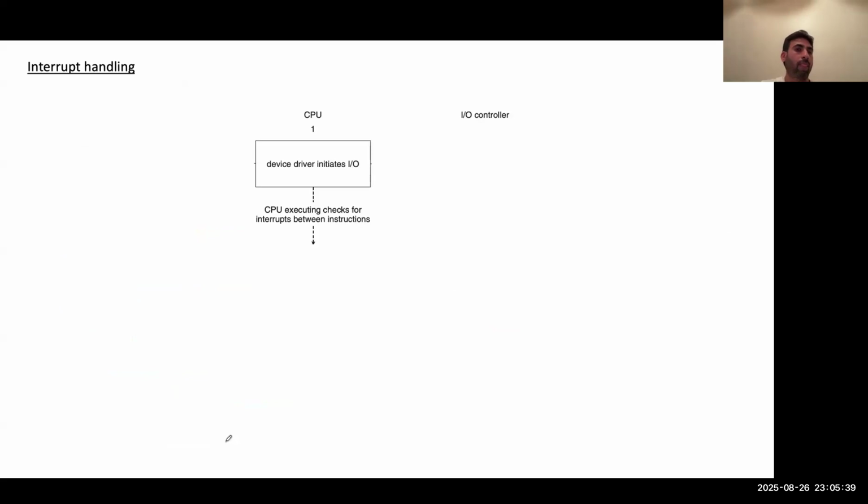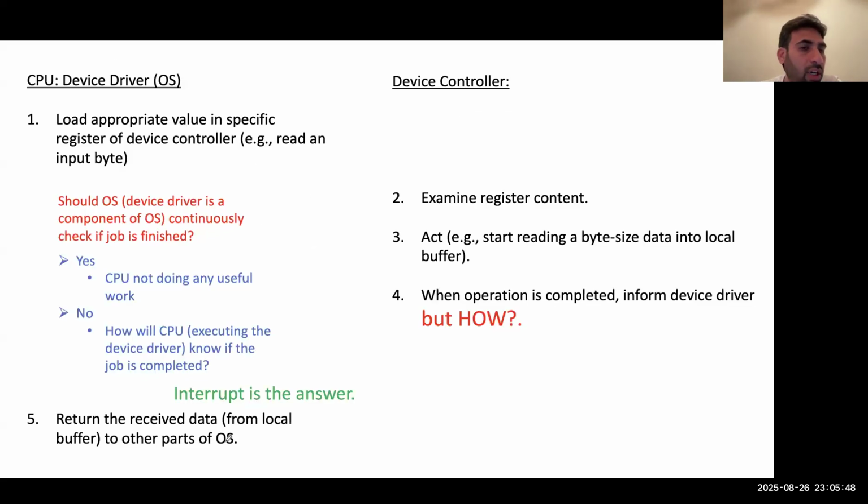Okay, so let's first have a look at how interrupts are handled. We said that there are two options. Either your device driver can continuously monitor whether the device controller is done with the required action or not. If it continuously waits, then we are wasting the CPU.